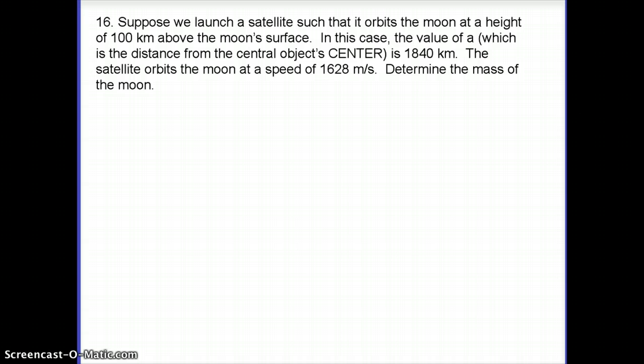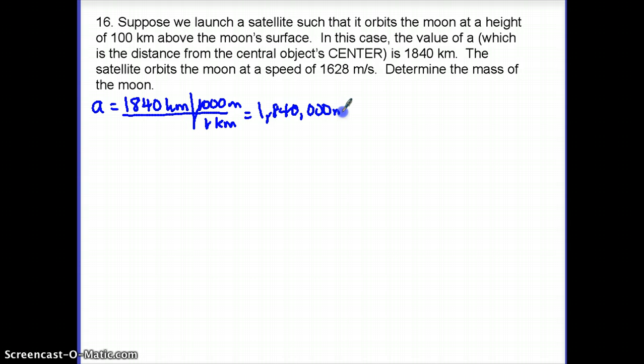And we have a speed that's given to us. We're going to find the mass of the Moon. So the first thing I'm going to do is take that a and convert it to meters because that's not good units yet. There's 1,000 meters in 1 kilometer, so this is 1,840,000 meters. Now before I can use Kepler's law, I need to find the orbital period.